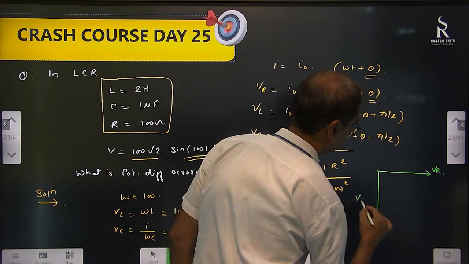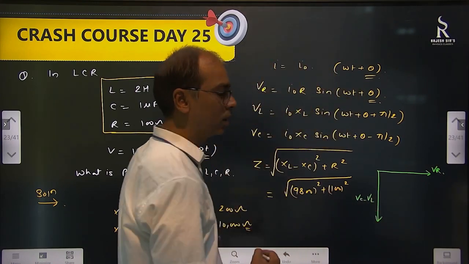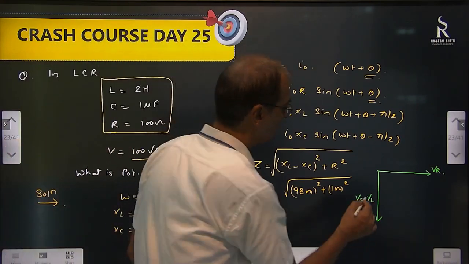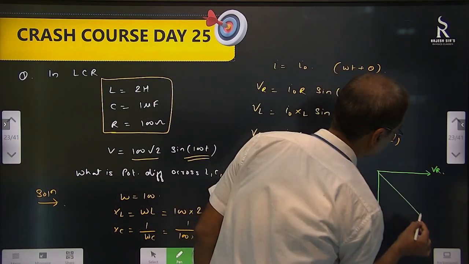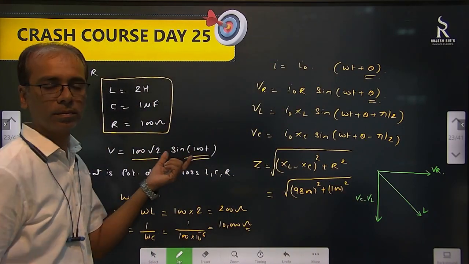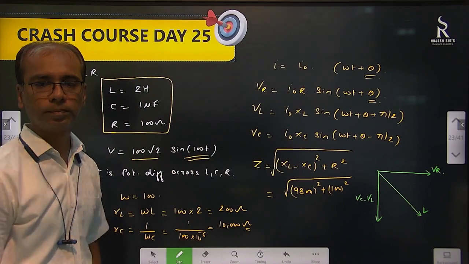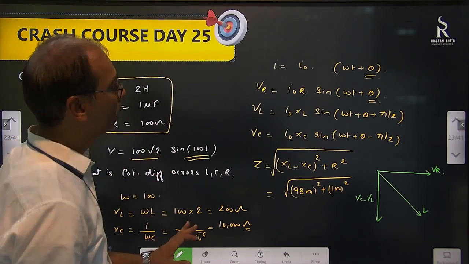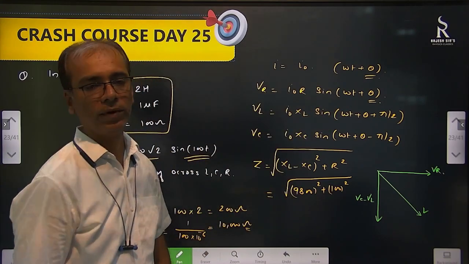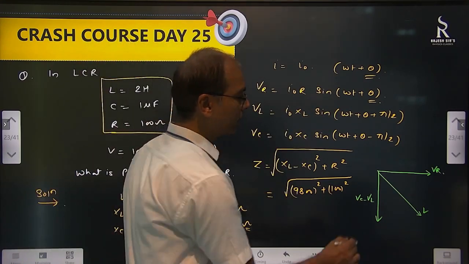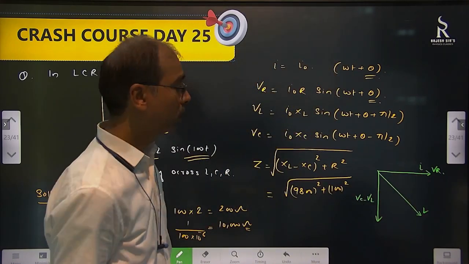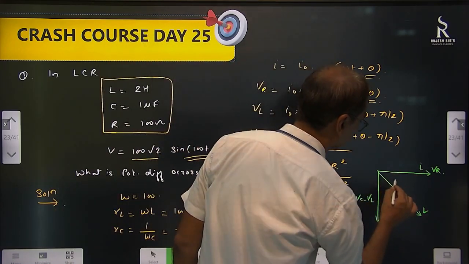Why am I writing VC minus VL? Because we have seen that XC is a lot more than XL. Now here is V, this one. And we all know that current is in the same phase as VR. They don't have a phase difference between the two. So if this is VR, that is also I. So this is theta basically.